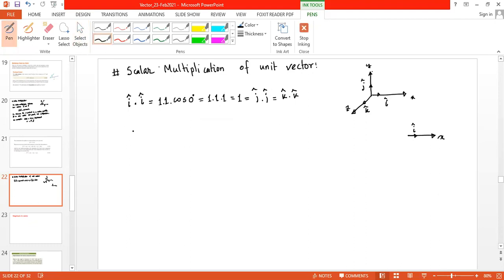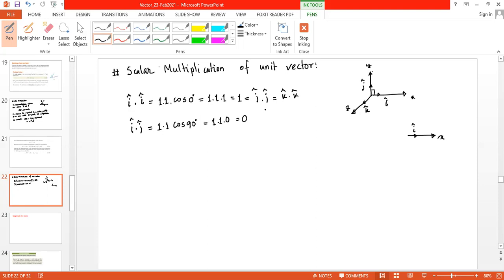And the second thing is I want to multiply I with j by a dot product, I dot j. Same again, the magnitude of I is 1 and magnitude of j is also 1, and the angle between I and j. What is the angle between I and j? I is along x direction and j is along y direction. The angle between them is 90 degrees, right? So 1 times 1 into cosine of 90 degrees, and by the way, cosine of 90 degrees equals 0.